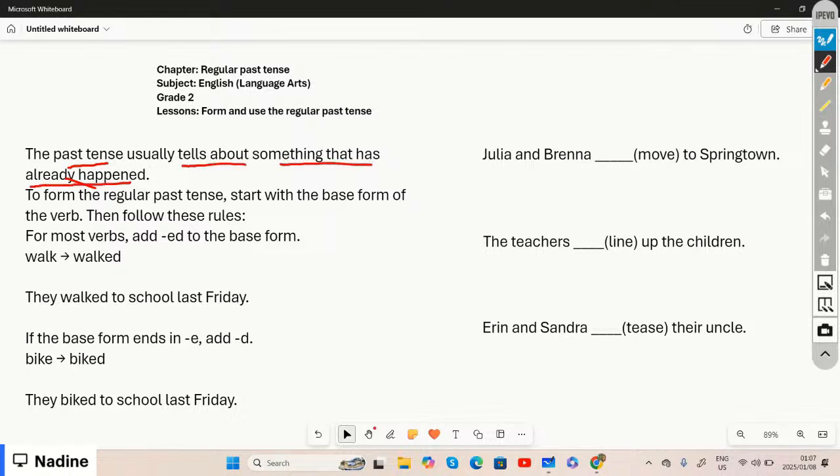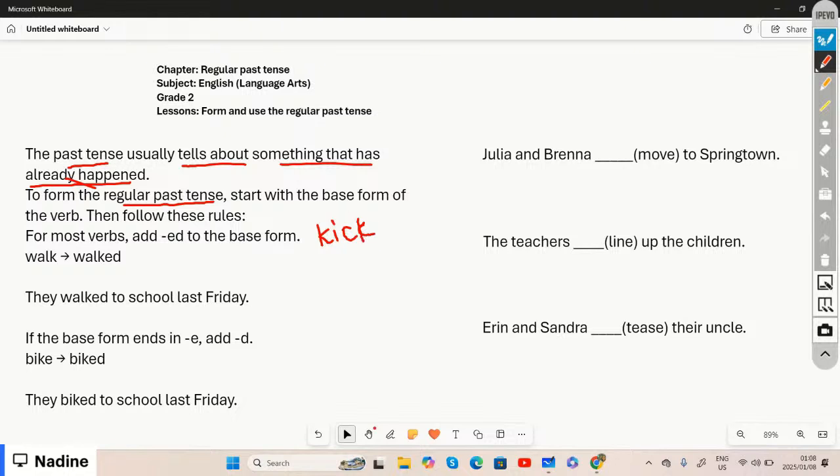And in order for us to form the regular past tense, we need to start with the base form of the verb. So for example, kick, right? When we say someone kicks the ball, this is the base verb.